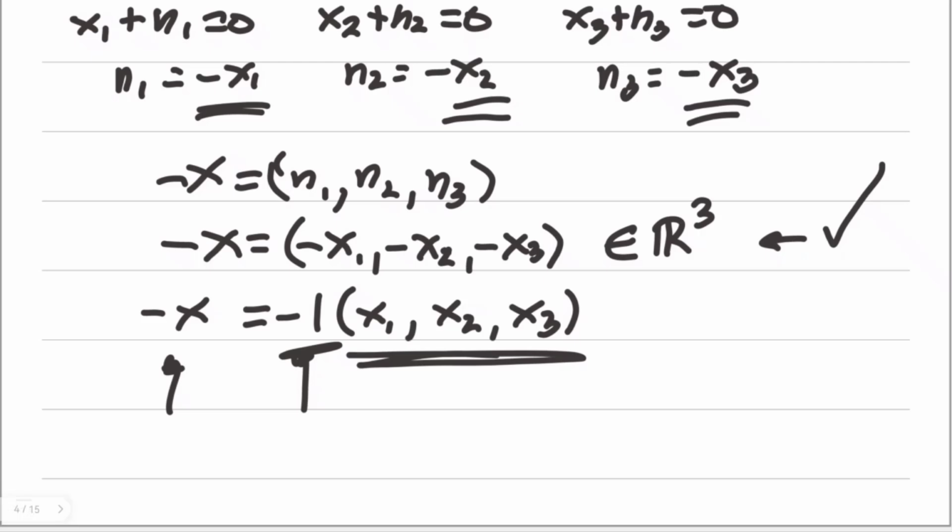So for vector addition, the inverse of a vector is the negative of that, represented by this or simply by this when we factor out negative 1.